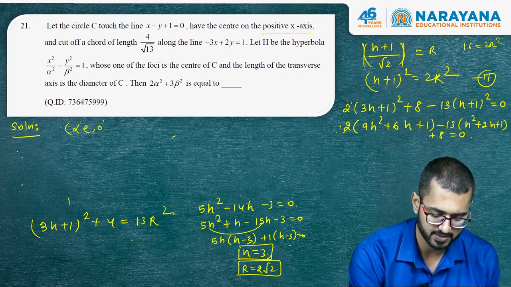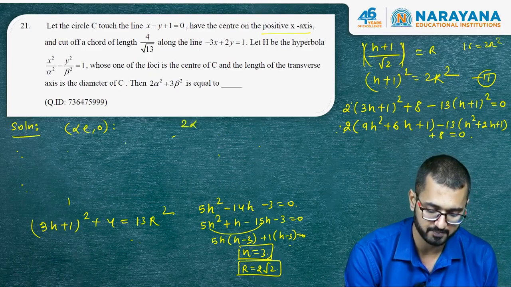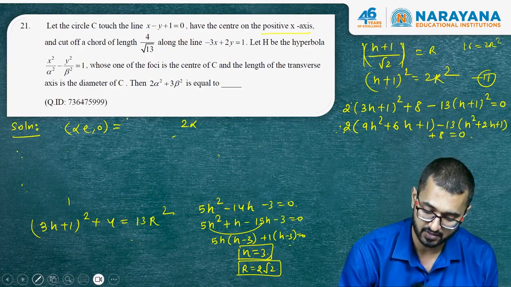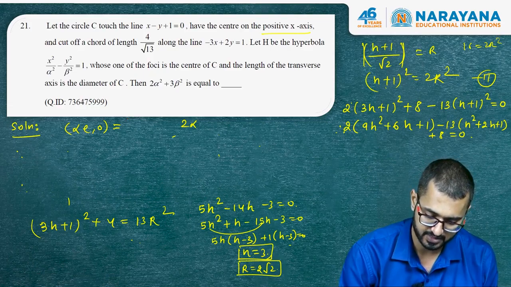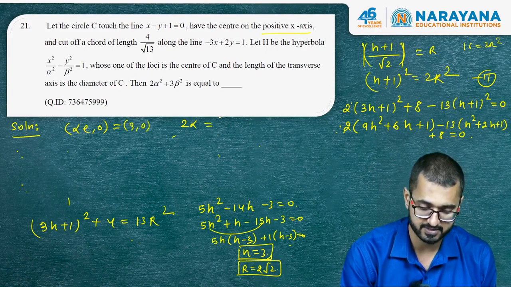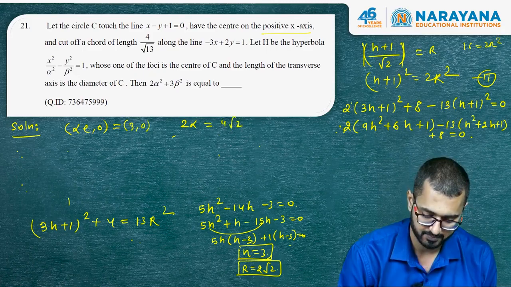So (αe, 0) is the focus of the hyperbola, and the length of the transverse axis is going to be 2α. So the focus of the hyperbola is going to be the center of C. What is the center? h we have found as 3. So it's going to be (3, 0), and the length of the transverse axis is going to be the diameter. So diameter is 2r, meaning 4√2, right? So from here we get α is equal to 2√2.